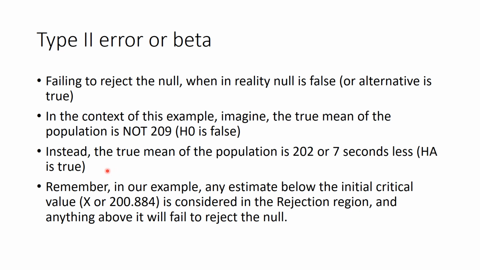Now remember, in our example, any estimate below the initial critical value of 200.88 seconds is considered in the rejection region, and anything above it will fail to reject the null. So in order to fail to reject the null, X has to be above this value.